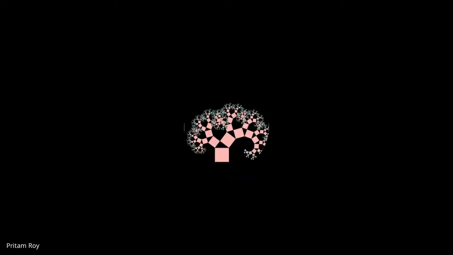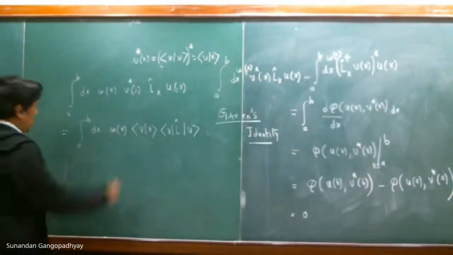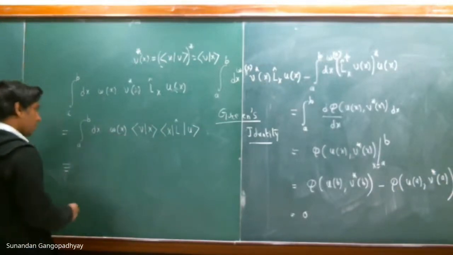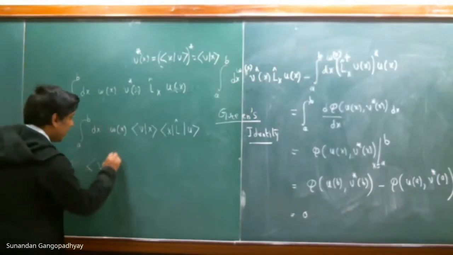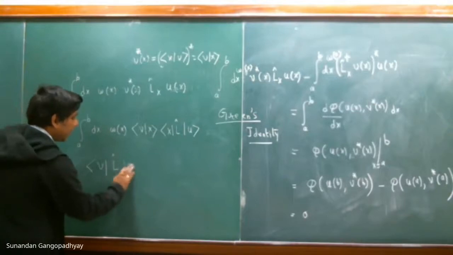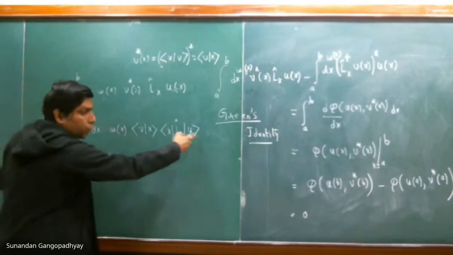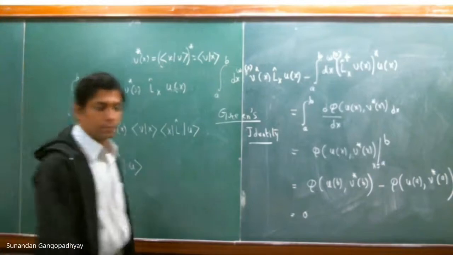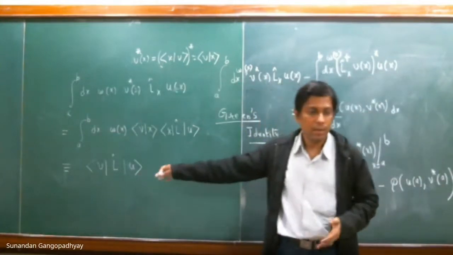If you have doubts in the steps, you can ask. And this we shall write in a different notation. What we shall do is write it down as bra v L hat ket u. So the way we write down this full expression is the following. This is how this notation is defined.